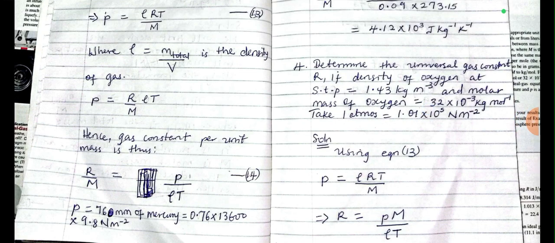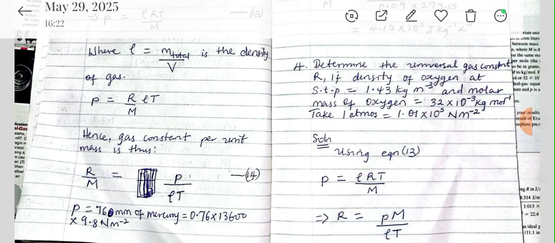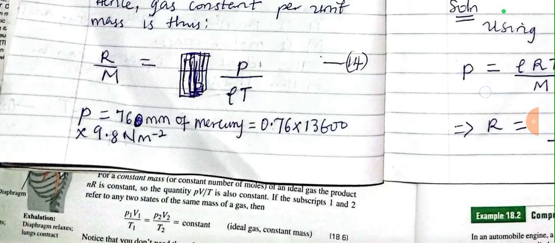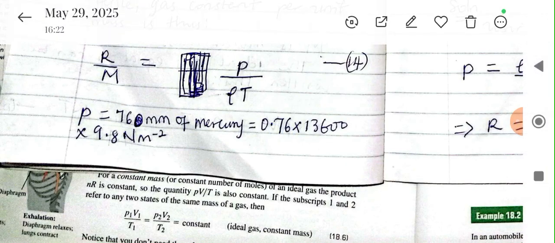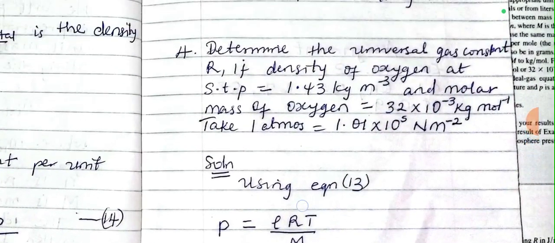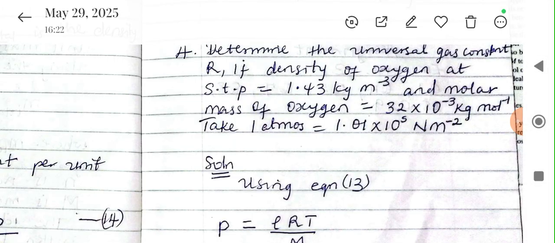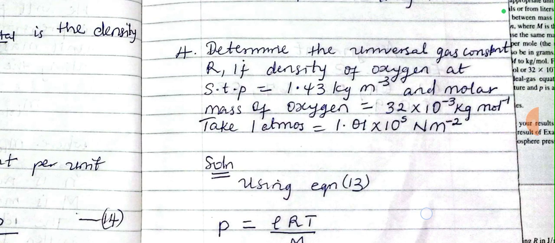Remember I just told you that this value 1.01 times 10 to the power 5 is the same value you get when you do this calculation here, 0.76 times this. So you can easily memorize this so that if you are asked a question and need to use the value, you'll be able to get it right.